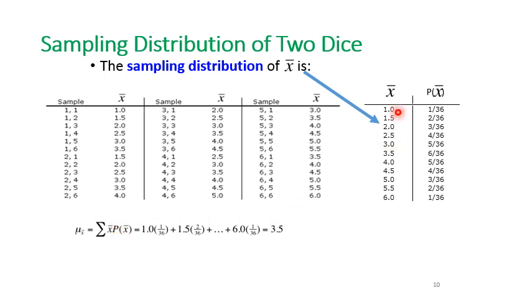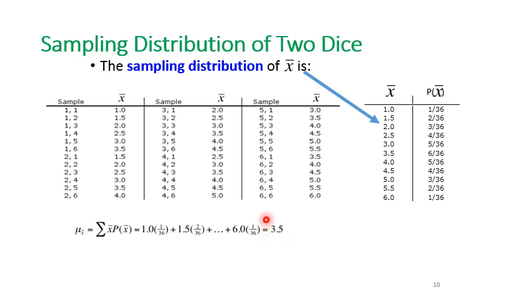So this is 1 times 1 over 36 plus 1.5 times 2 over 36 plus 2 times 3 over 36 plus 2.5 times 4 over 36 and so on up to the last value, which is 6 times 1 over 36. Adding this will give me 3.5.